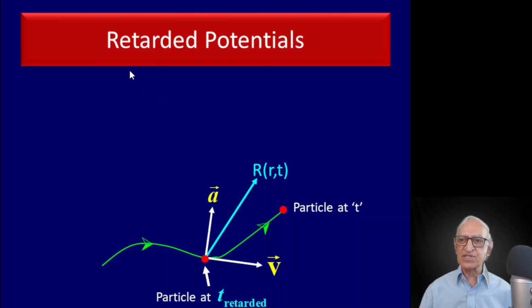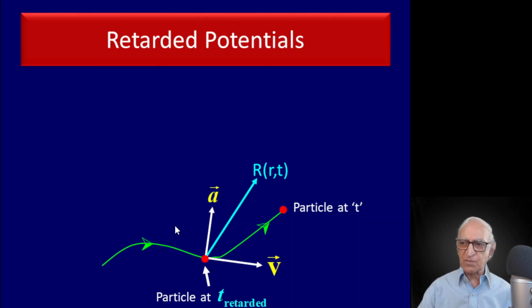The first concept we must understand is the concept of a retarded potential. Here is a charge moving along a trajectory which I have indicated by the green line. At that particular point, the charge is there, its velocity vector is in that direction, and its acceleration is in that direction. We are interested in the electric and magnetic fields at a distance capital R from the charge at a time t, at a distance small r from the location of the charge.